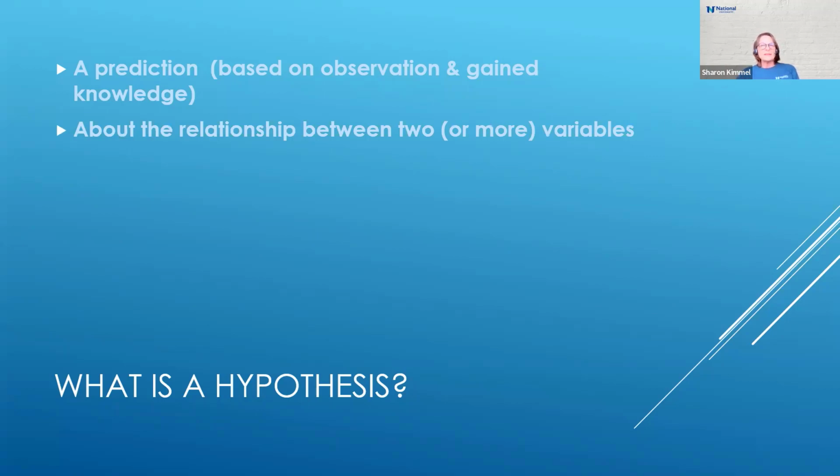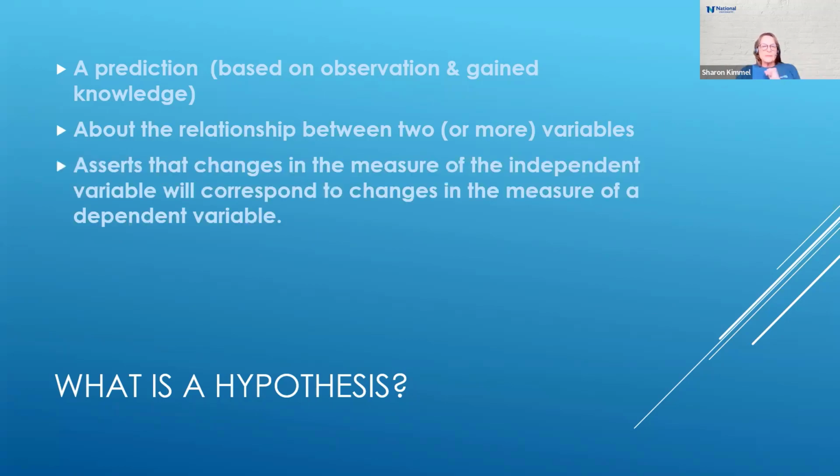So how does this relate to your dissertation research projects? You make predictions based on observation and previously gained knowledge every day. For example, when you see a bit of sun and cloud, you make a prediction of the possibility of rain, and perhaps support it with expert opinions such as a meteorologist.